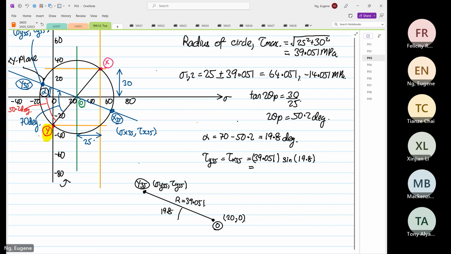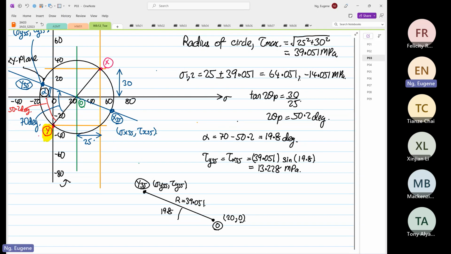You don't need to add or subtract anything because the shear starts from 0. So sine 19.8 times 39.051 is equal to 13.228 megapascal.